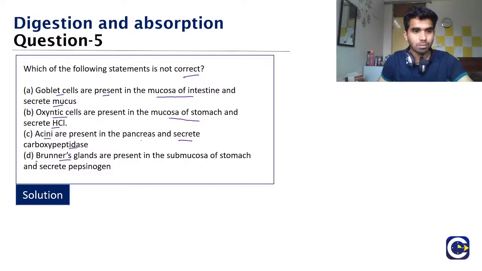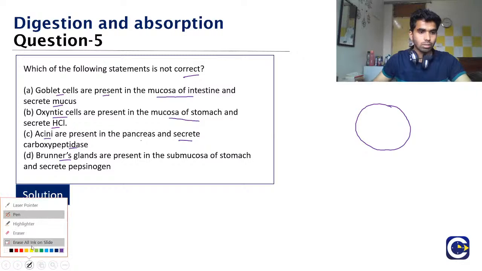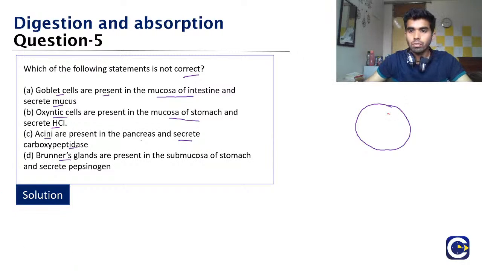So let us understand it. As we have discussed, goblet cells are present in the mucosa. There are 4 layers of the alimentary canal. The outermost is the serosa. Just below the serosa, we have the muscularis.